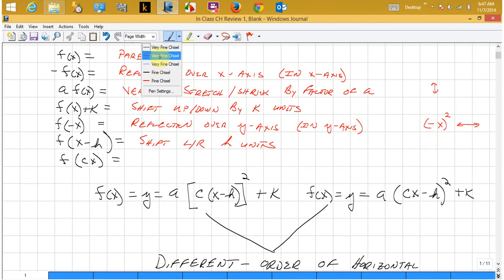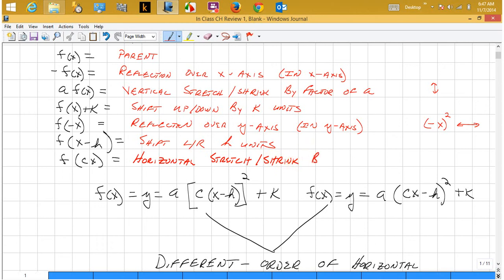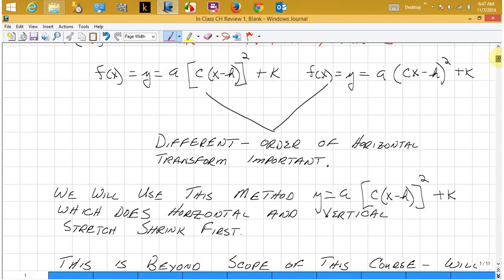So this would be a horizontal stretch or shrink by a factor of 1 over c. Okay, let's go down to the next piece.